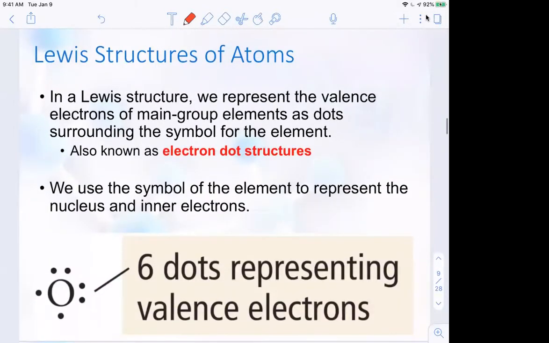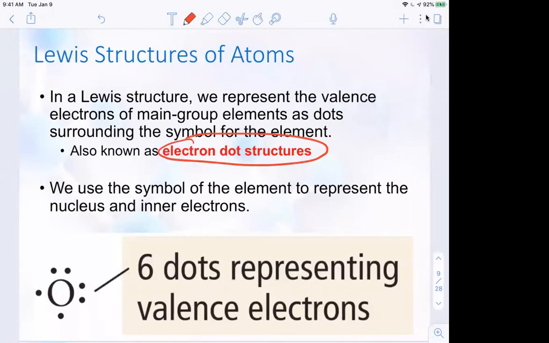In a Lewis structure, we're going to represent those valence electrons of main group elements as dots, and those dots are going to surround the symbol for the element. So this is our electron dot structure. In order to draw a Lewis structure for a molecule, we start with the electron dot structure of a particular element that's engaged in bonding.